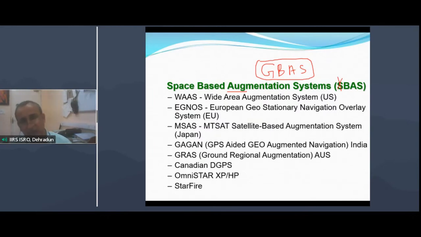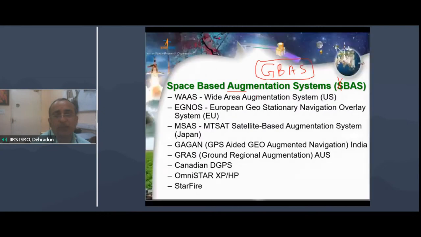So that is the meaning and the applicability of an augmentation system. It improves the accuracy of my coordinates. So initially it was ground based augmentation, later people went for a satellite based augmentation system.